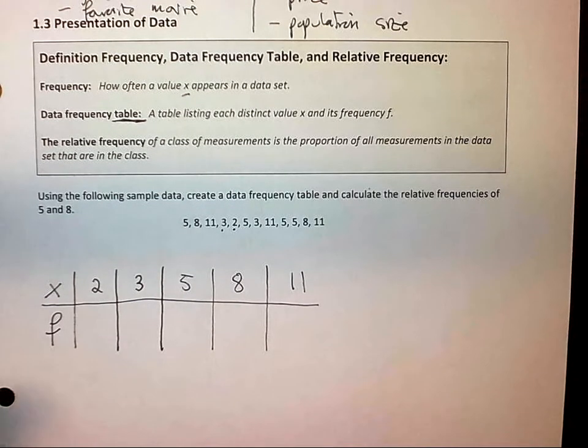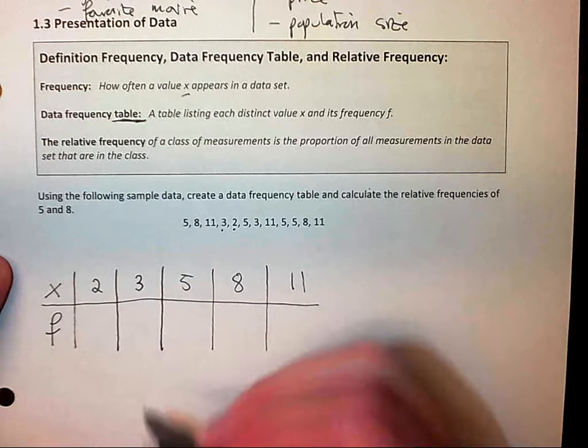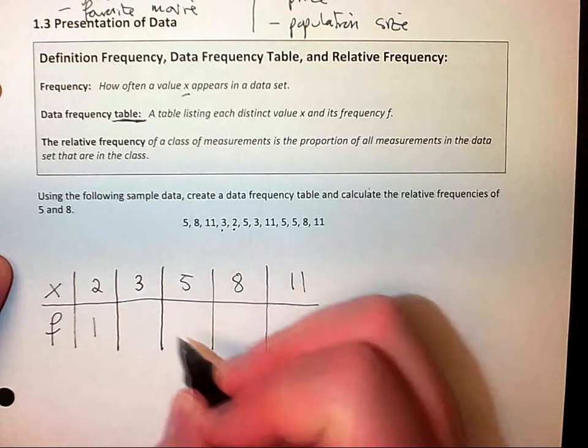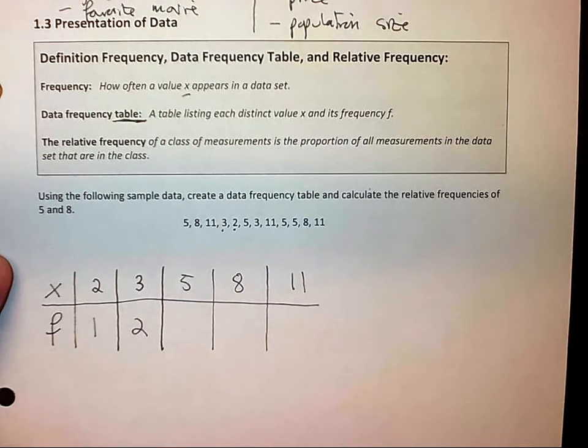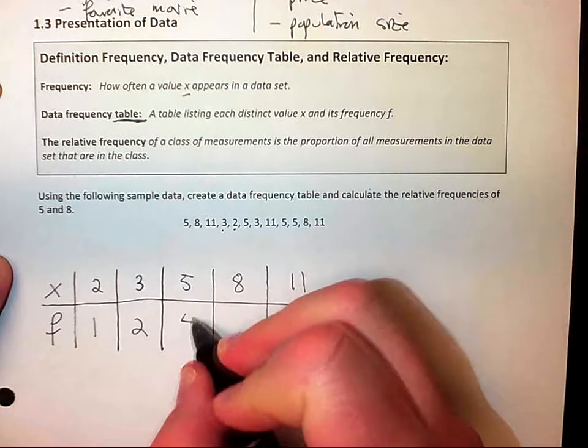Anything else? Cool. So now we listed the possible values of x, and now we need to also record the frequency with which those values occur. What's the frequency of the number 2? Frequency of the number 3? Frequency of the number 5? Okay, you guys already told me 4.